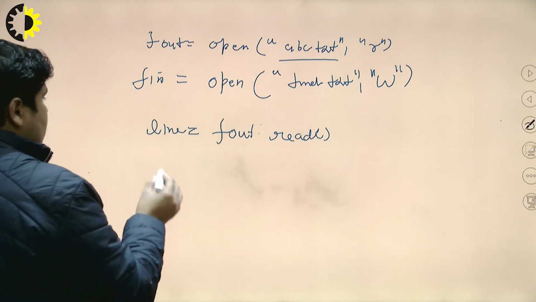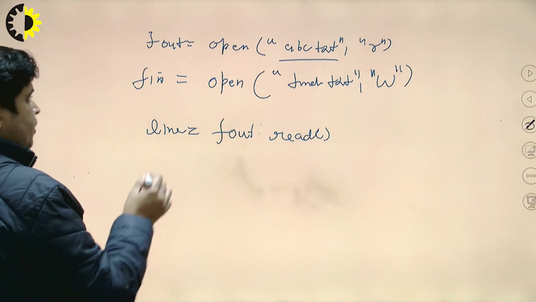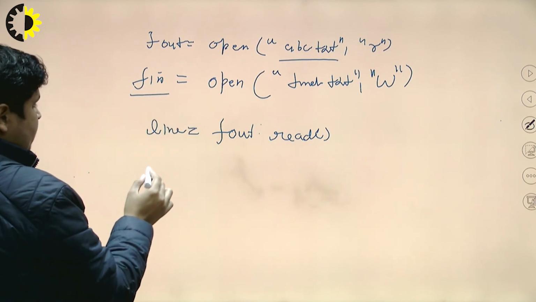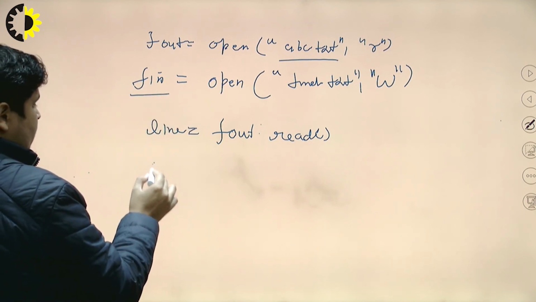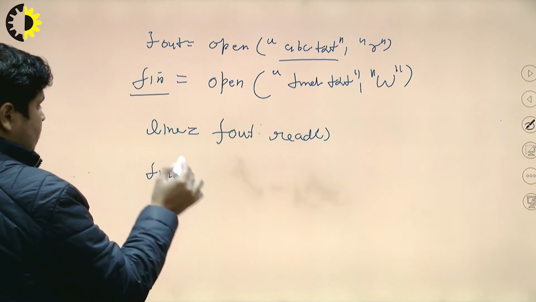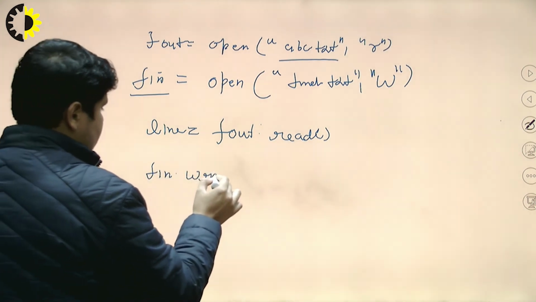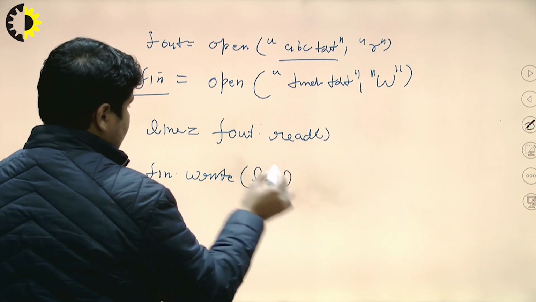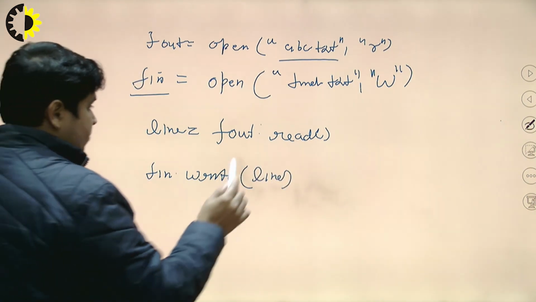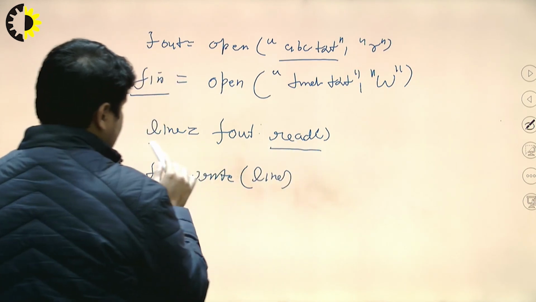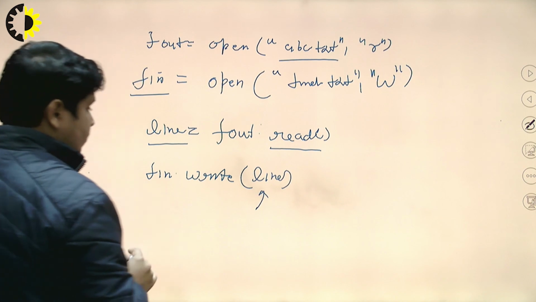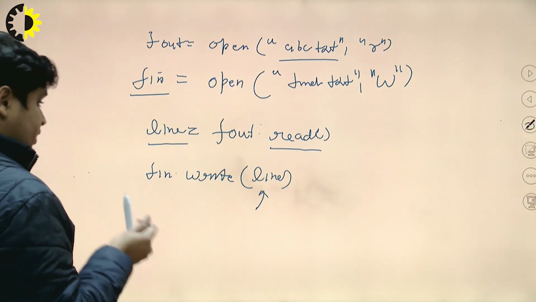Now I am going to write the content inside the file final.txt. Now fin dot write. You will see here the return type of the read function is string. Similarly, the argument taken by the write function is also a string. Data will be written.